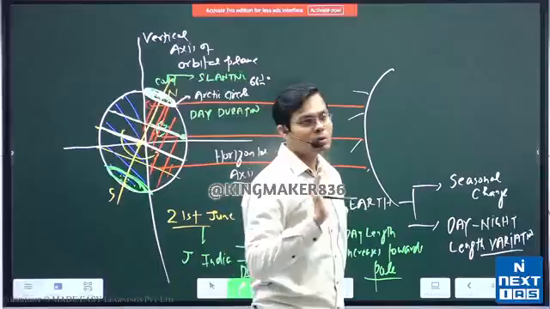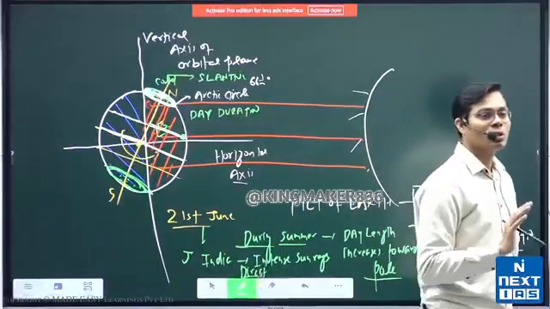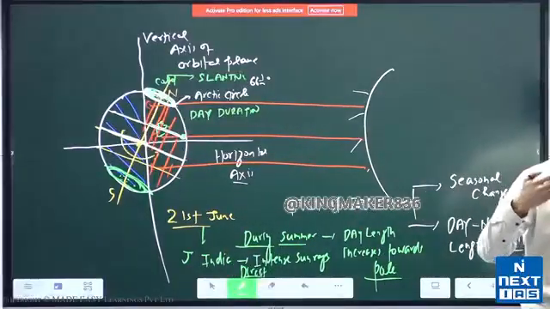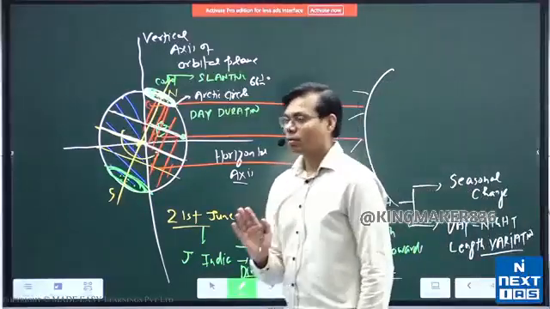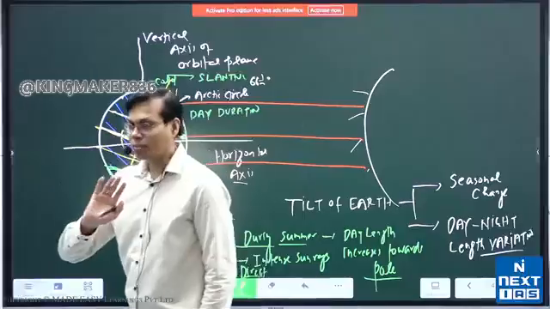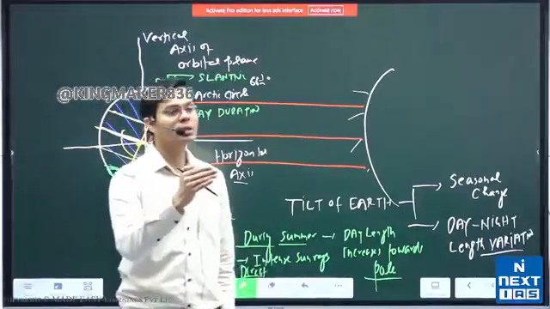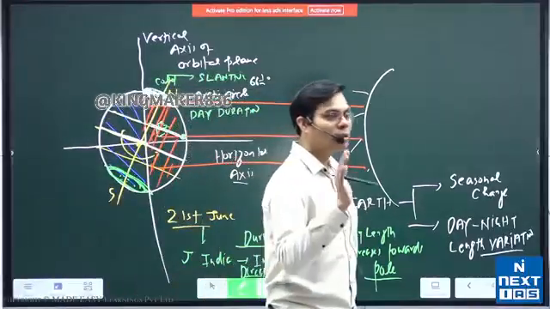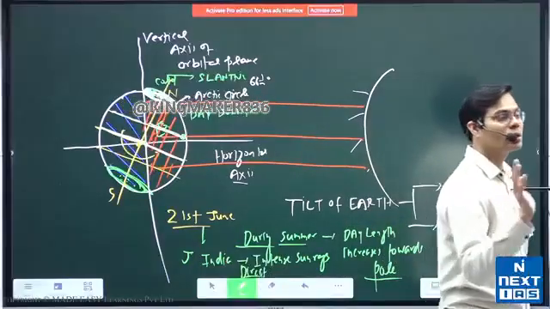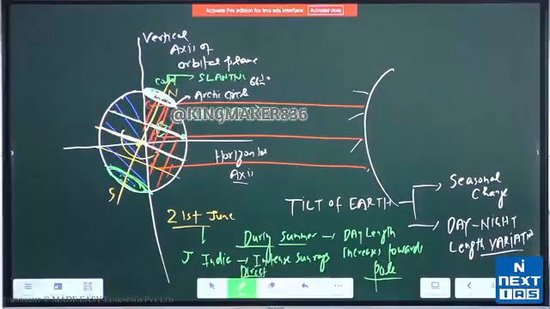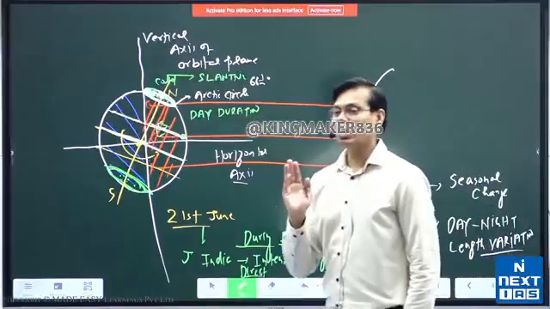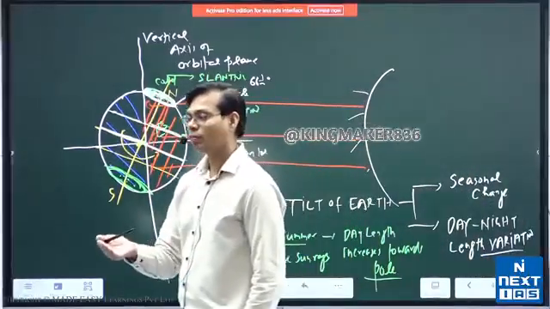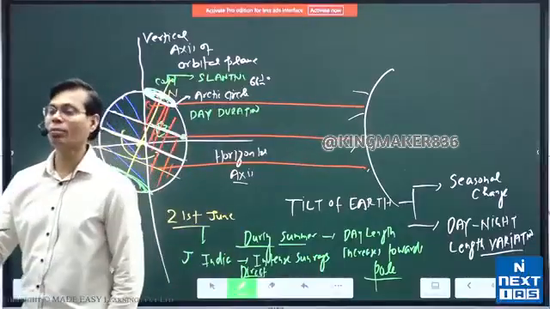So we have to know the day-night length variation. UPSC asked this question in many ways in the prelim exam. One question UPSC asked was which time period of the year has the sun just above the Tropic of Cancer: first half of March, second half of March, first half of June, or second half of September.